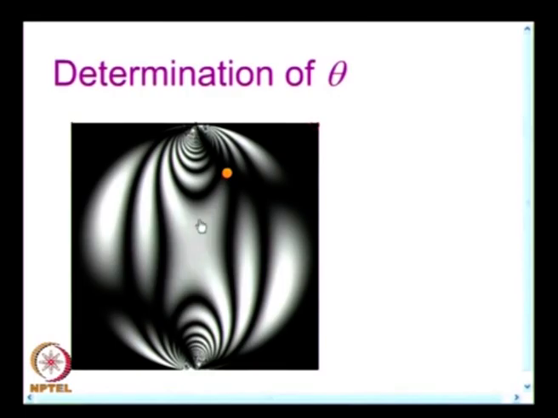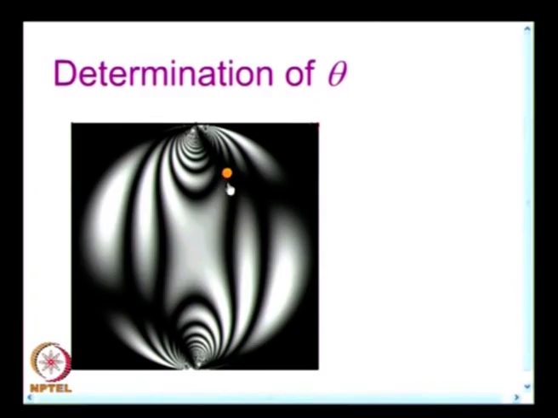So, some amount of human judgment is involved in deciding when to stop, when an isoclinic passes through the point of interest, and there could be an error in this determination. If you are very careful, you can do it to plus or minus 0.5 degrees. If you are casual, you may end up with an error of plus or minus 2 degrees.